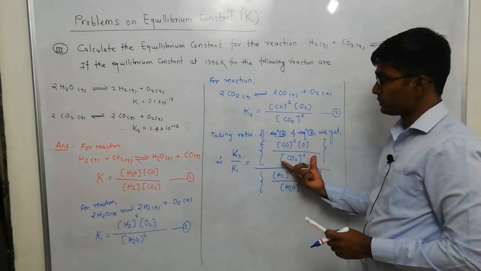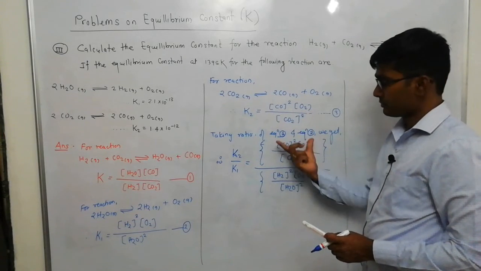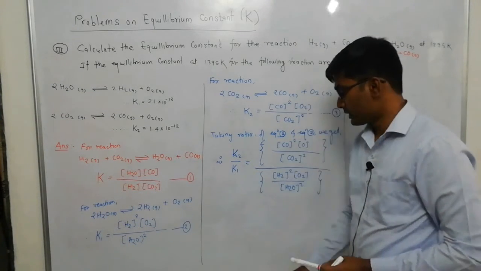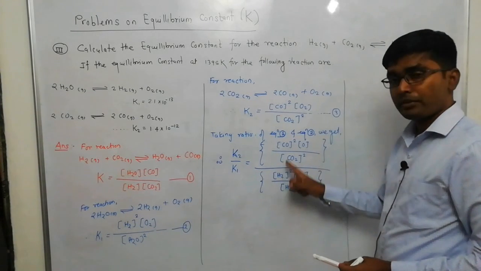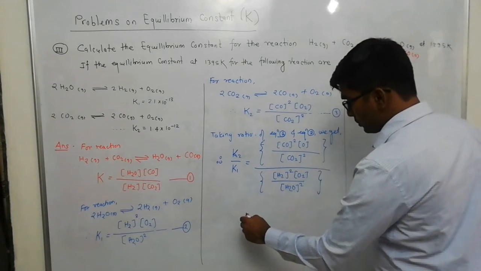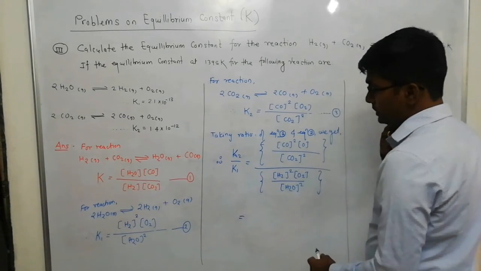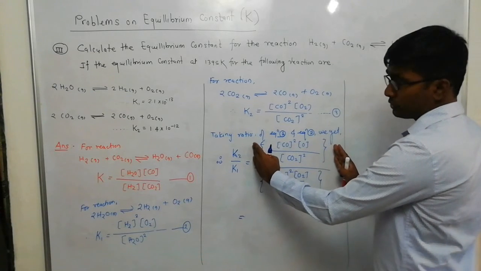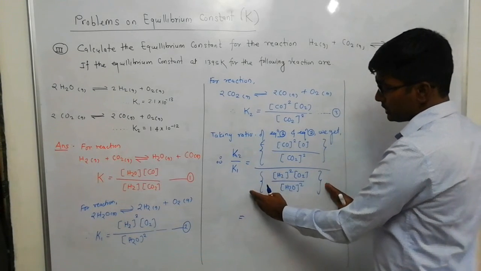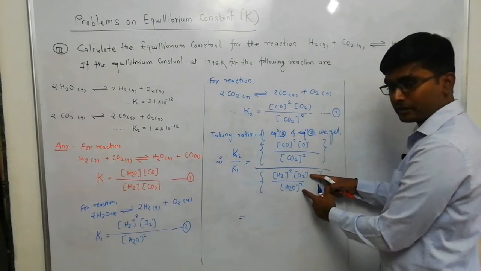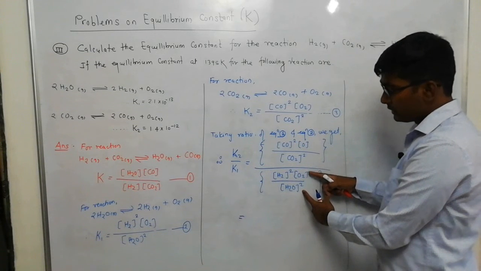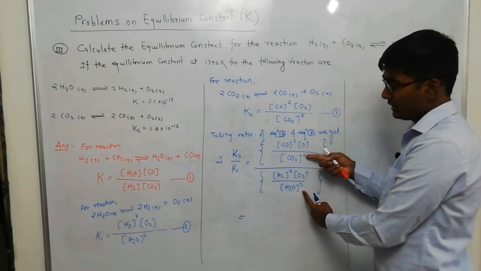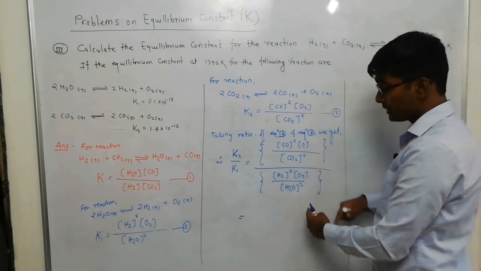Just put the value of K2 here and K1 here. Now let us simplify this equation. The whole term is the denominator and this is the numerator. So the denominator of the denominator becomes a numerator, remember this.